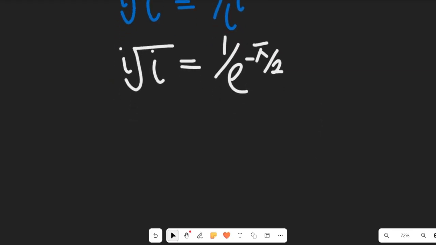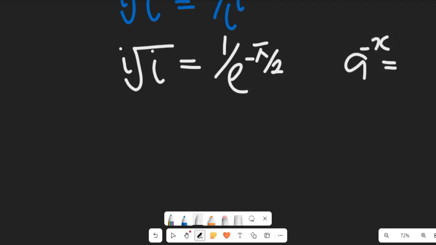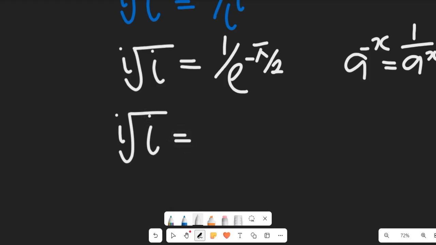If I simplify this, recall in mathematics that if you have a to the power of negative x, this can simply give you 1 divided by a to the power of x, right? And that is what that expression is going to give you. So this expression will automatically give me the ith root of i to be equal to 1 divided by 1 divided by the exponent of pi divided by 2, right?